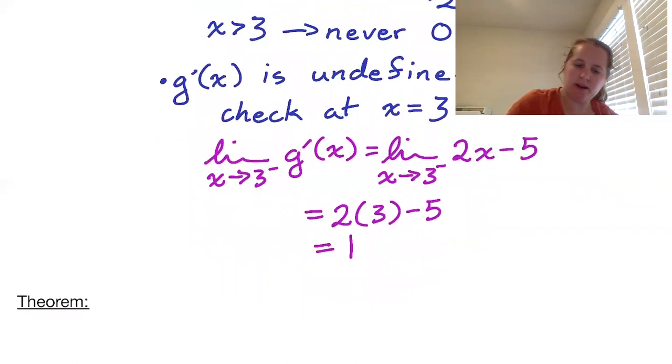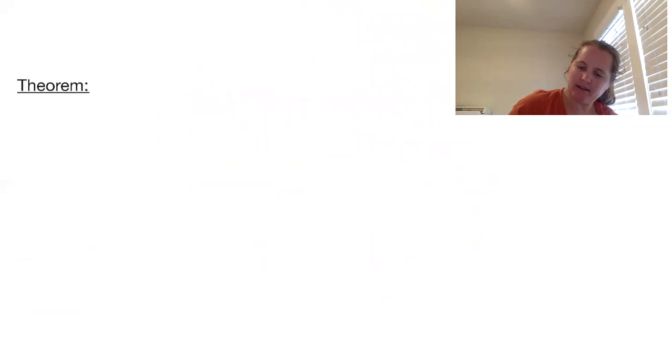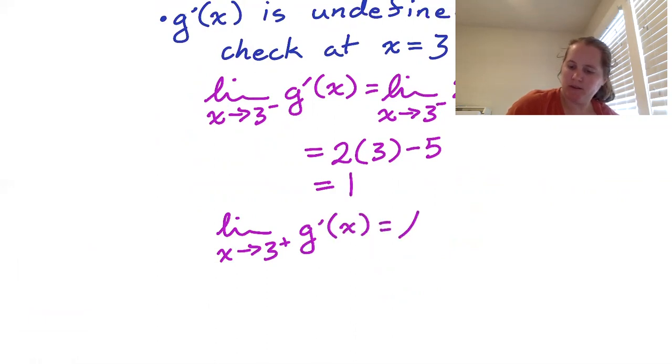Versus if we look from the right, the limit as x approaches 3 from the right of g prime of x is the limit of negative 3, which is negative 3.